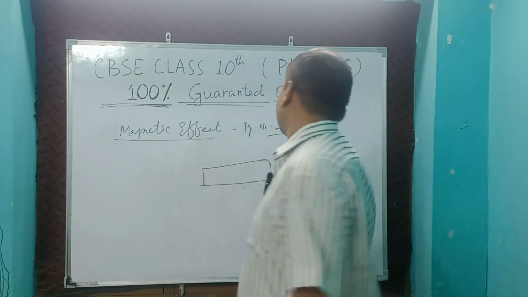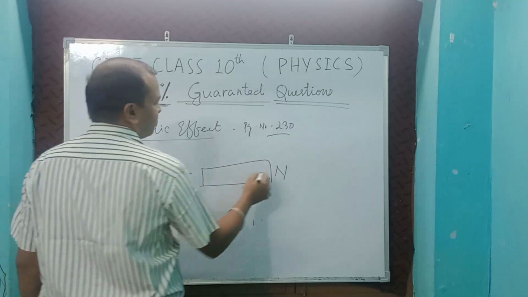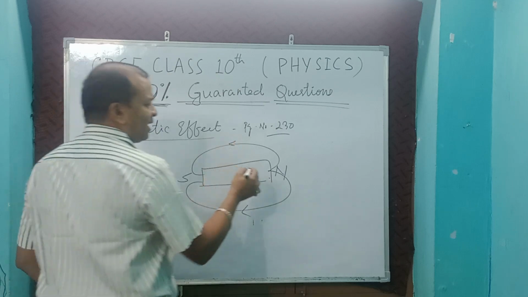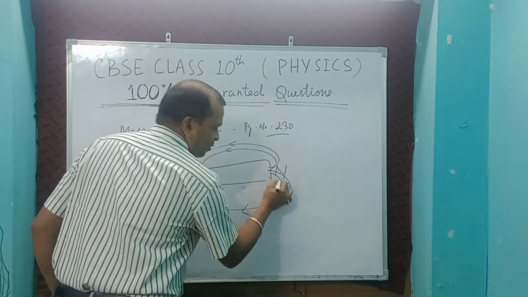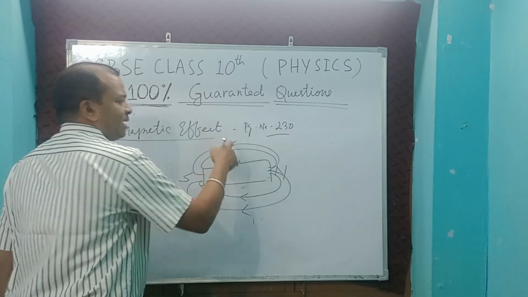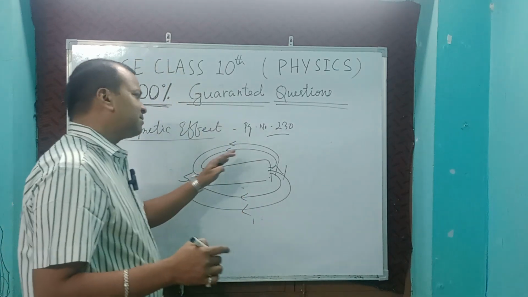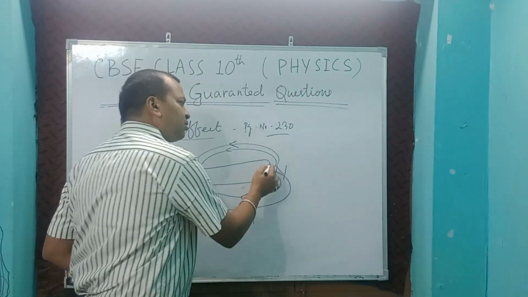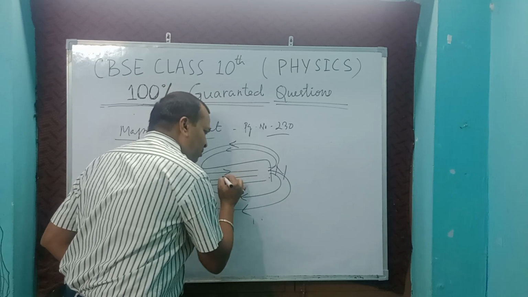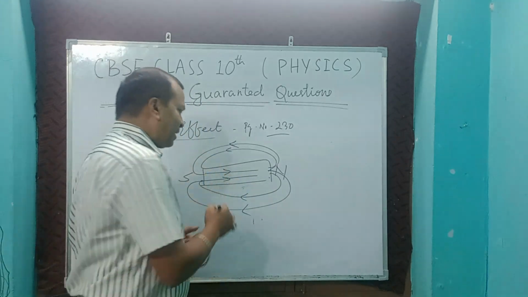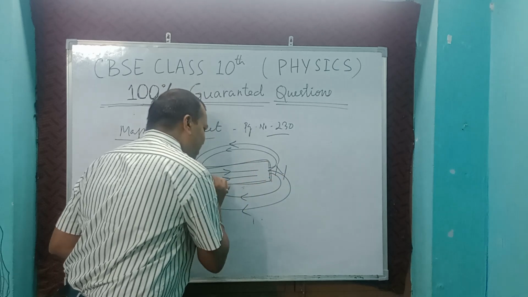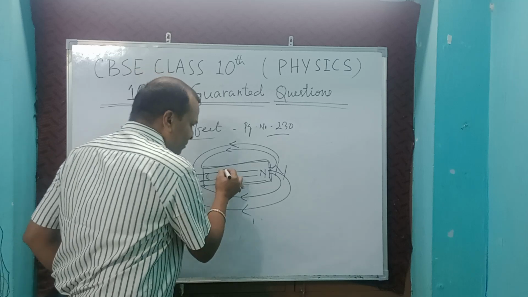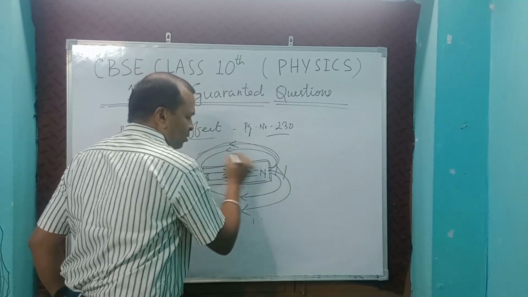Bar magnet: north, south, from north to south. 110 percent I am telling you that you are going to get this question. In the diagrams, the arrow marks, the rays, you have to mention north to south outside. Inside the magnet, this is the bar magnet, this is south, this is north. Inside it is going from south to north, outside north to south.